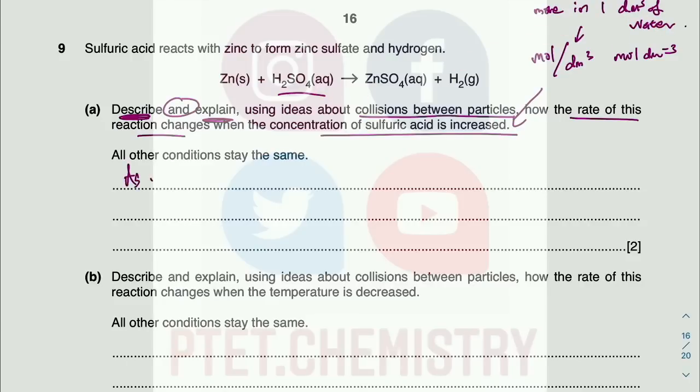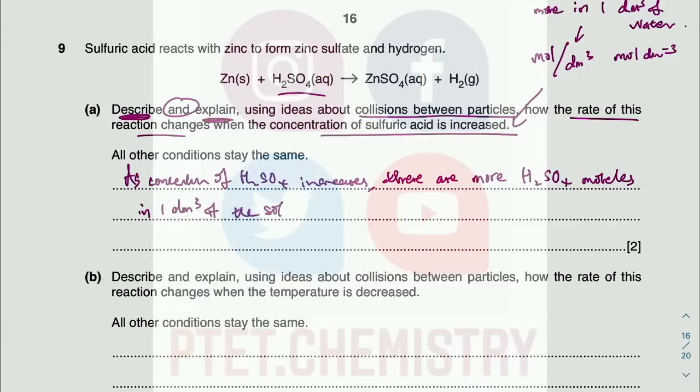So as concentration of H2SO4 increases, we're going to state the obvious. We're going to use this definition by stating the obvious. There are more H2SO4 molecules in 1 dm cube of the solution.